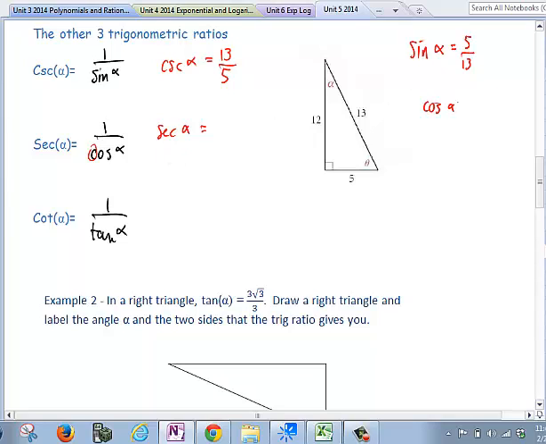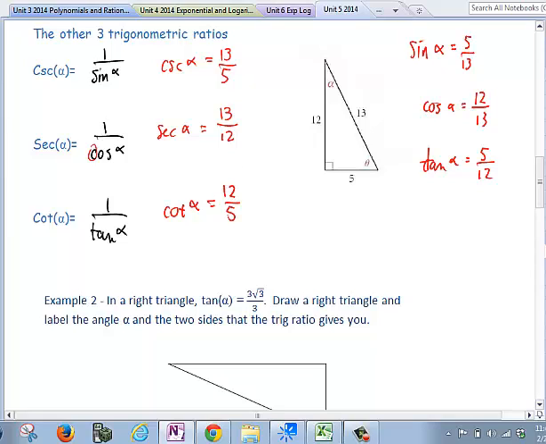And cosine from before was equal to 12 over 13, so the secant ratio is just a reciprocal of that. And the last one, cotangent, is just the reciprocal of the tangent ratio, which was 5 over 12 before, but now the cotangent is a reciprocal, which will be 12 over 5.